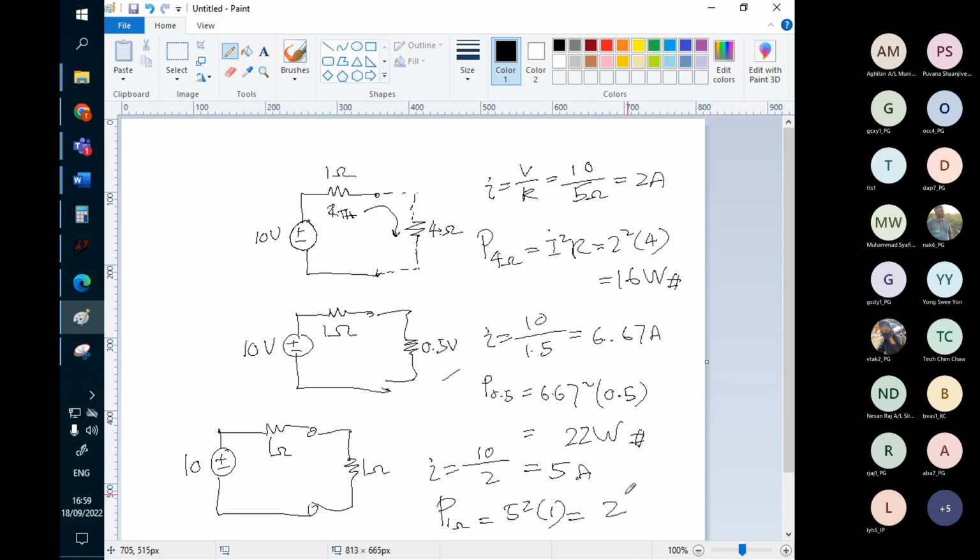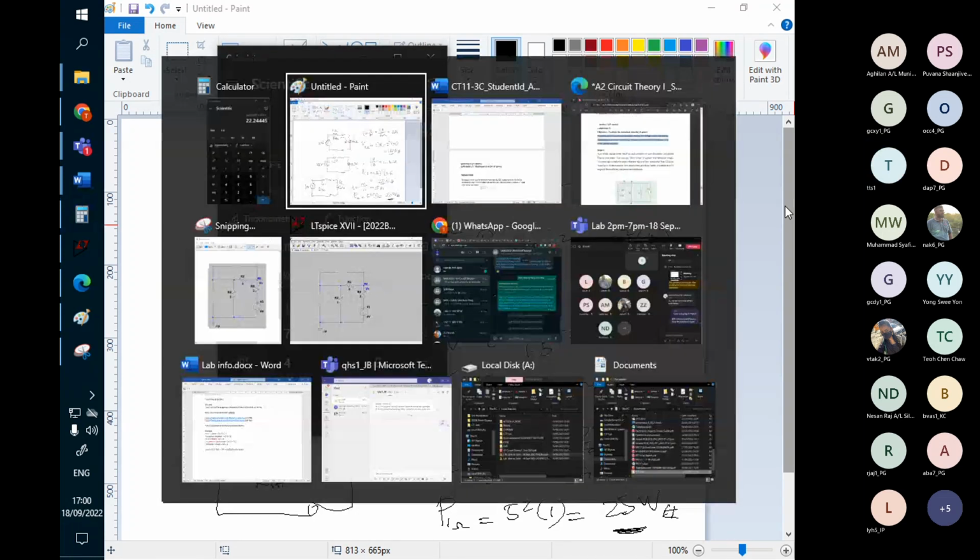So it's 25 watt. Do you see that or not? You say that by making the RTH similar to the RL, we can achieve maximum power transfer. This is not maximum yet. These are even lesser than the other two. So this is the basic theory behind the maximum power transfer.